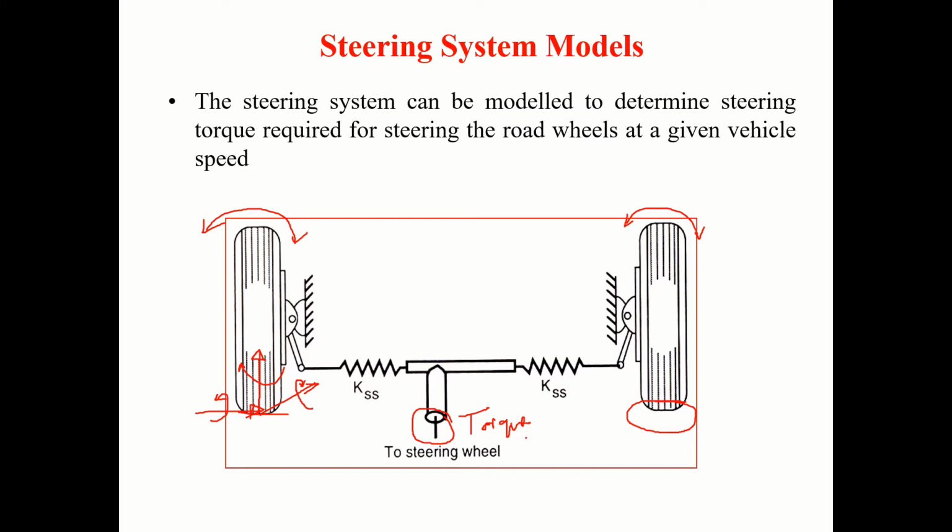If I can estimate how much torque I can impart as a driver, and if additional torque is required, what assist I should use so that the torque can be supplied and the wheel can be steered. That is the whole thing. So let us model this now.